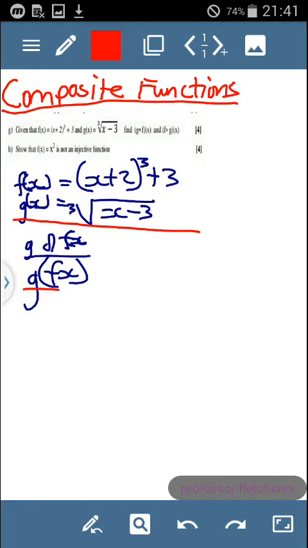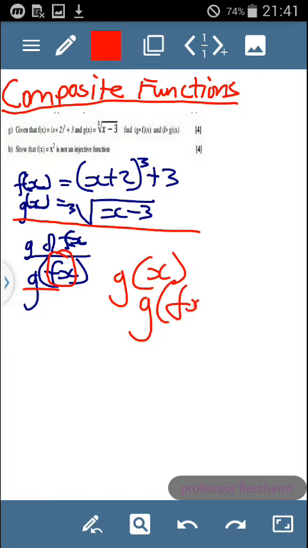But in that g of x, we are going to input or substitute f of x. So the function was g of x, now it's g of f of x. In other words, where there was an x in g, we have put an f of x.